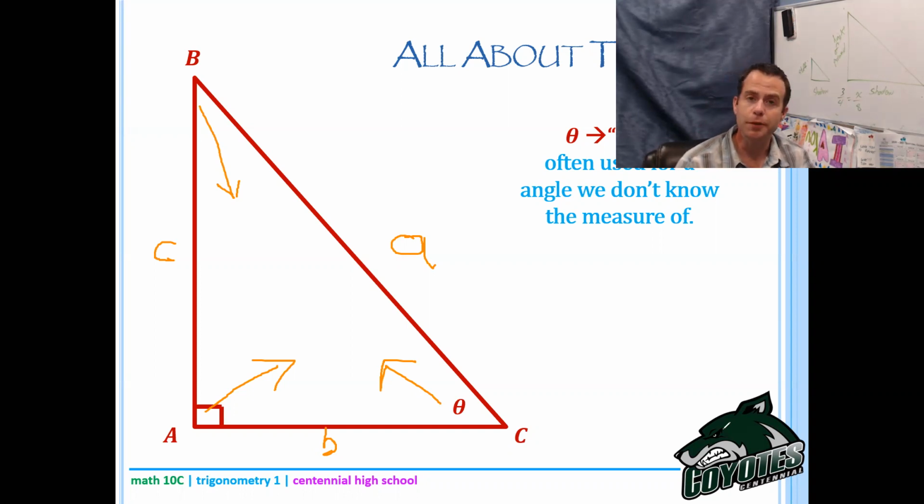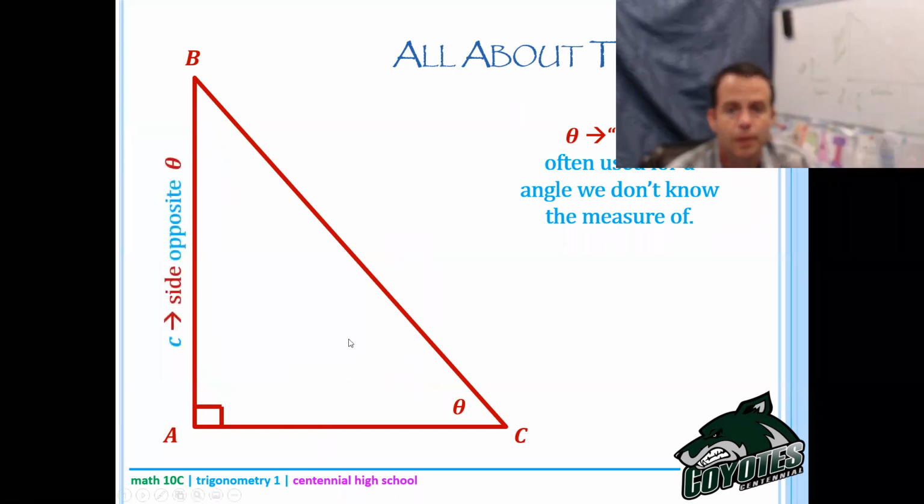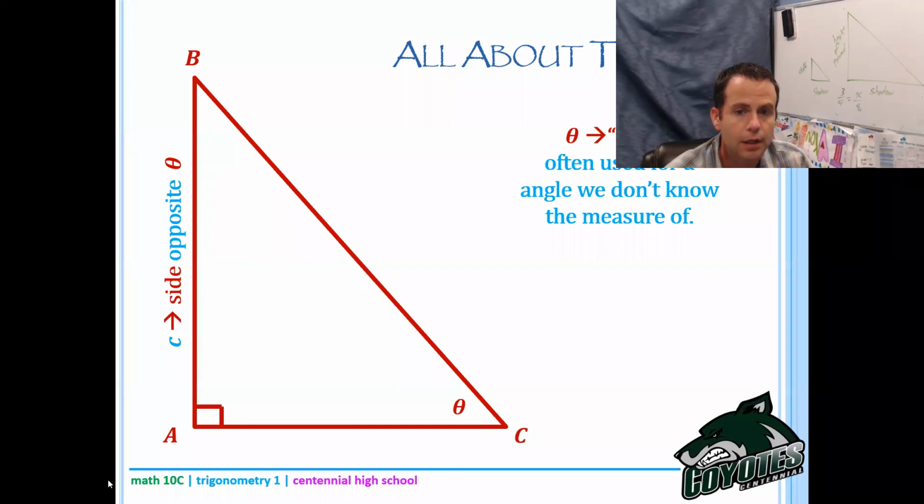As well, we have words for these. Okay, now this side you already know, it's the hypotenuse, and you already know that from your work with the Pythagorean theorem. Okay. This side we label as the opposite. Now I need to make this very, very clear.